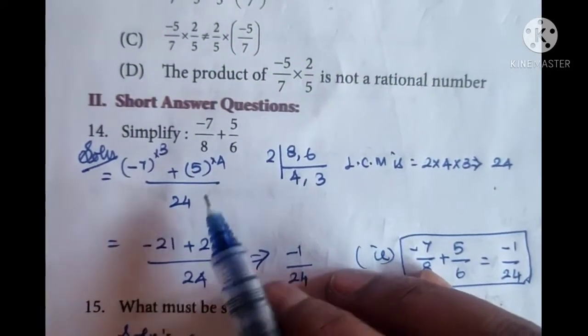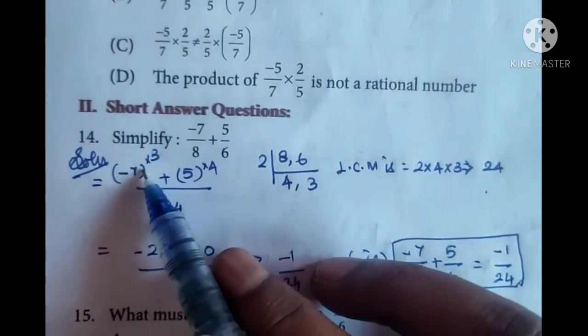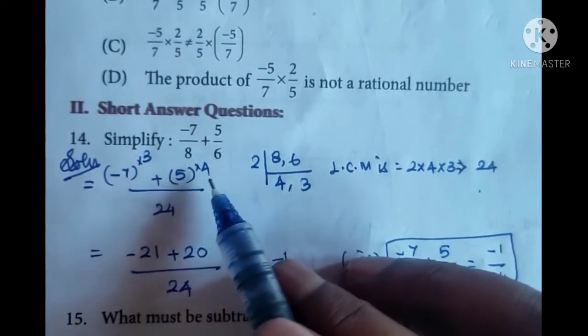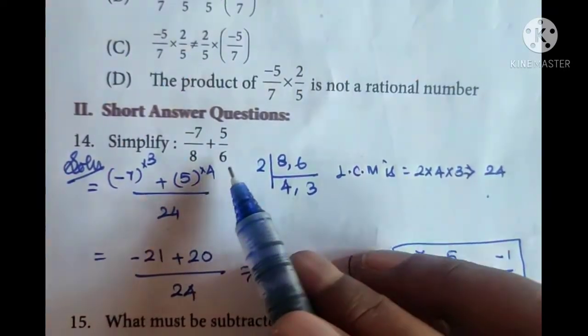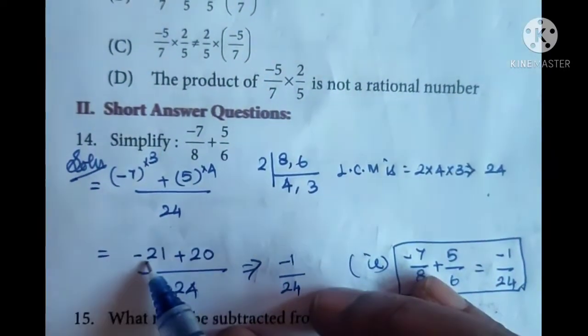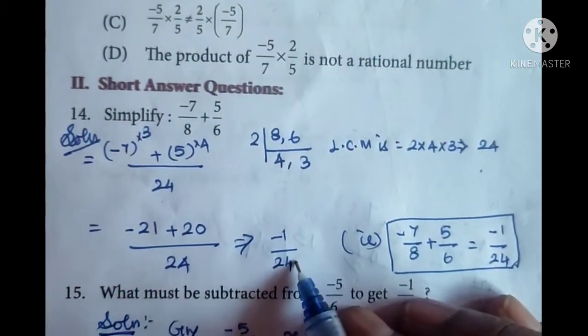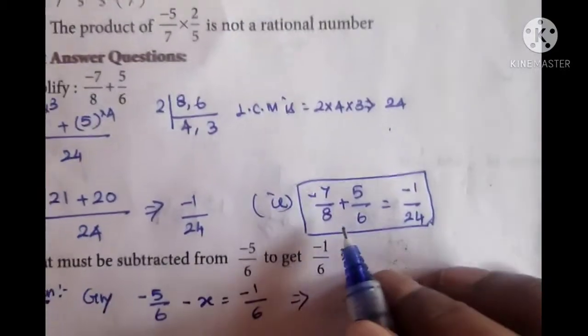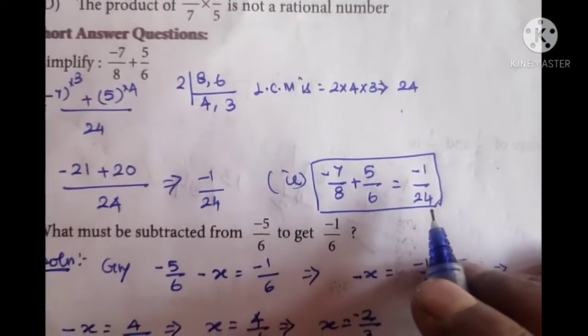Then denominator becomes 24. 3 8s are 24, so minus 7 into 3; 4 6s are 24, so 5 into 4 equal to 20. Minus 21 plus 20 by 24 is equal to minus 1 by 24. That is, minus 7 by 8 plus 5 by 6 is equal to minus 1 by 24.